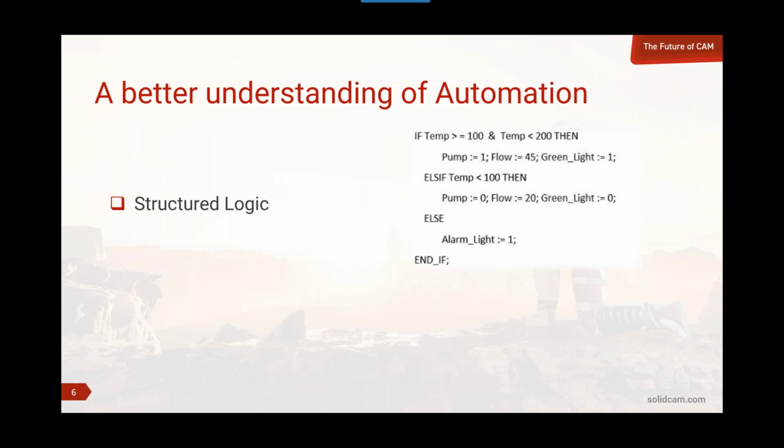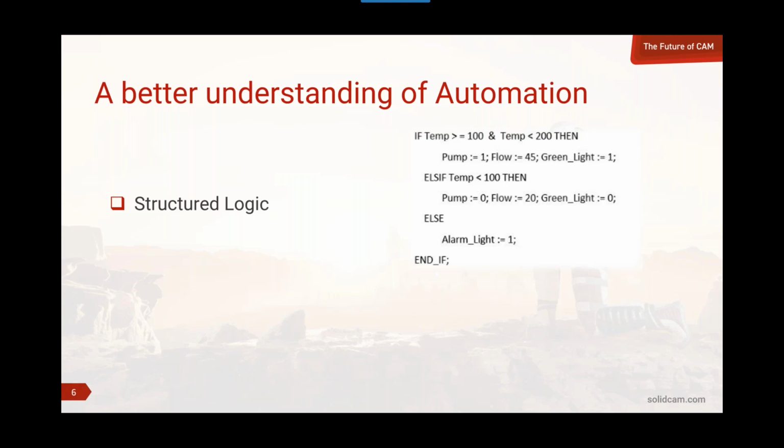So as we look at this, this says if the temperature is greater than 100 degrees and the temperature is less than 200 degrees, then we're going to set the pump on, we're going to set the flow to 45 CFM, and we're going to turn the green light on to say that the system is running, okay? The else if statement gives us the ability to add multiple statements within the if statement.